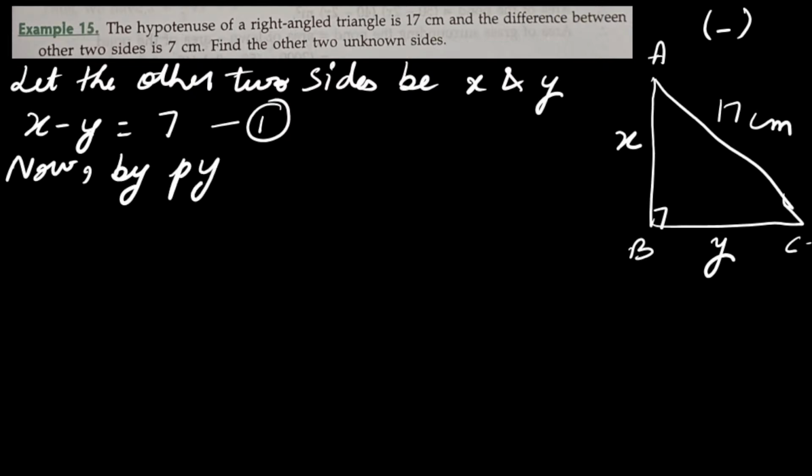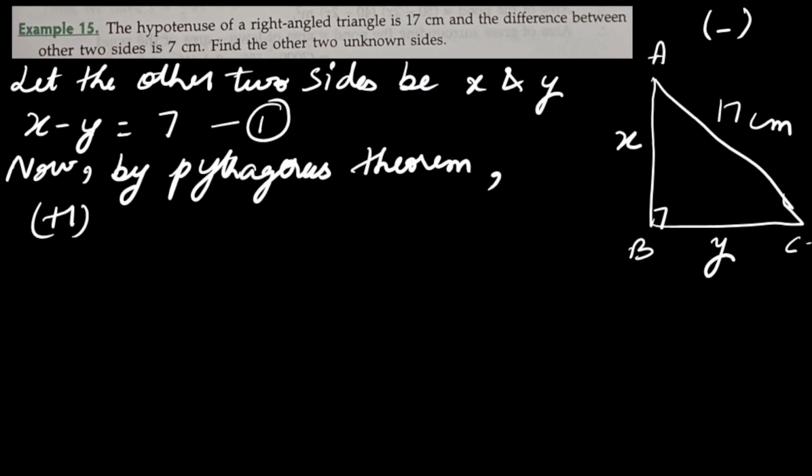By Pythagoras theorem, why are we using it? Because ABC is right angle triangle. And Pythagoras theorem's result is what? Square of the hypotenuse is equals to sum of the squares of perpendicular and base. So h square is equals to p square plus b square.